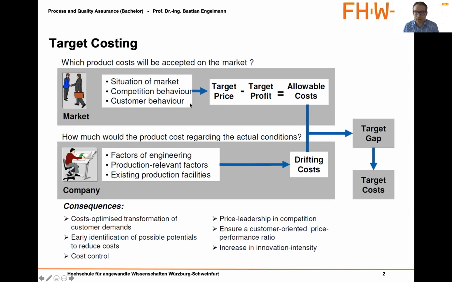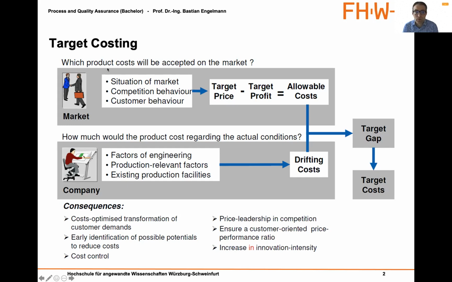In the last lecture, we already introduced target costing a little bit, because we talked about costs and KPI and stuff like that. And I told you that target costing is a very good example of a quality technique, because it's important to ask for the customer requirements and to ask the market what he wants to pay for a product.